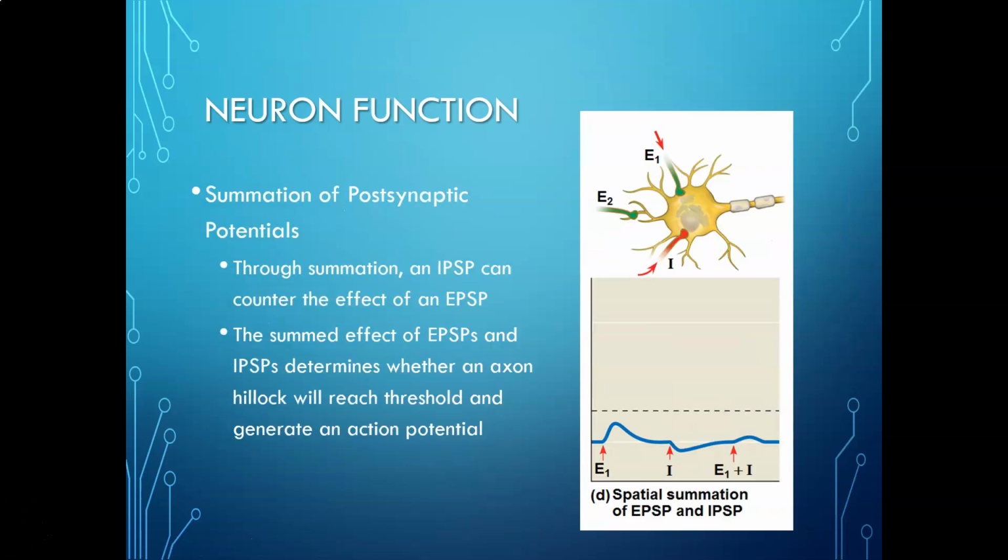In that same mind, I can also have excitatory neurons. The more that I send in and the faster the signals go, the more likely I get to that threshold and send that action potential. But I can also have a combination of excitatory and inhibitory signals coming in. So if I've got an excitatory and then an inhibitory, it's like they cancel each other out.